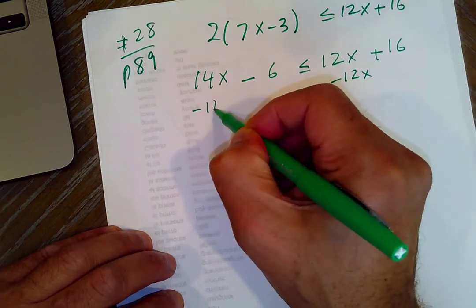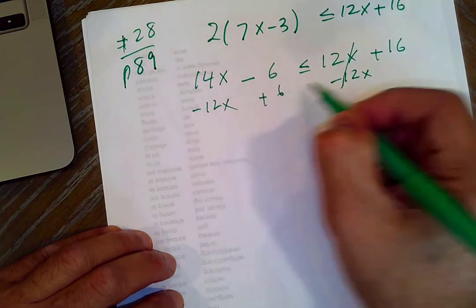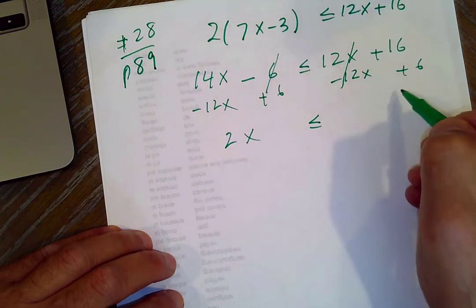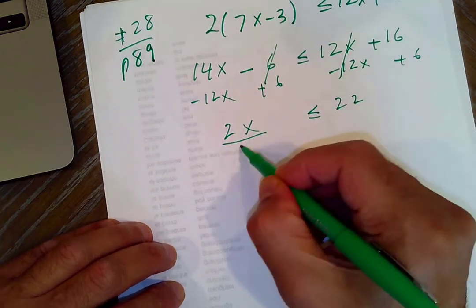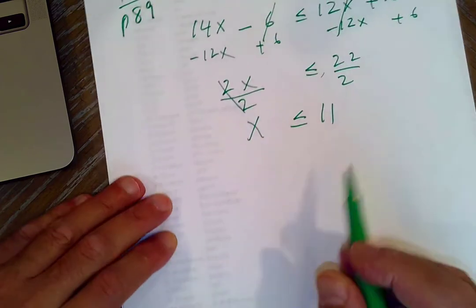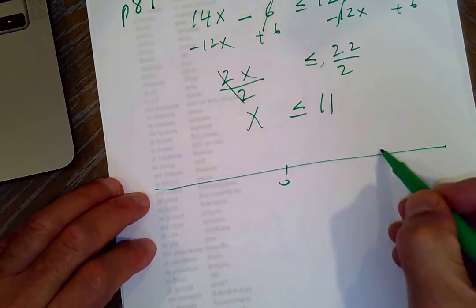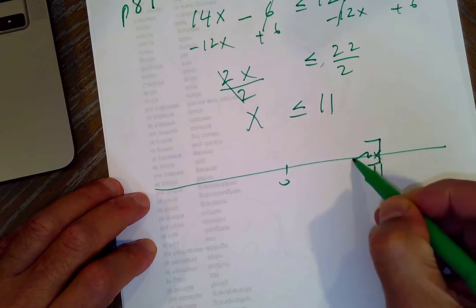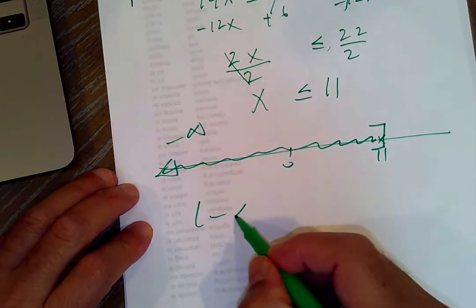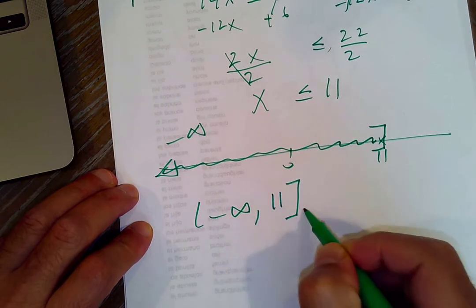Subtract the 12x and add 6. So that's 2x is less or equal to 22. Dividing by 2 will not flip the sign because 2 is positive. x is less or equal to 11. Again, this includes 11 and everything to the left. That's why we go to -infinity. So -infinity up to 11, including 11.